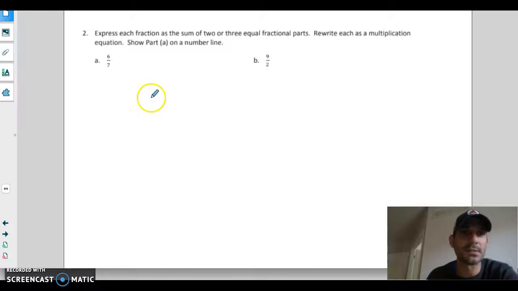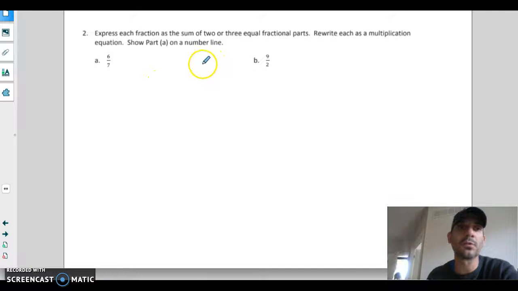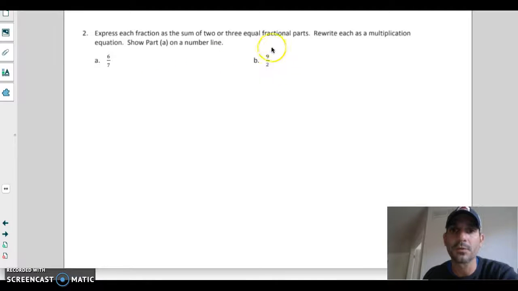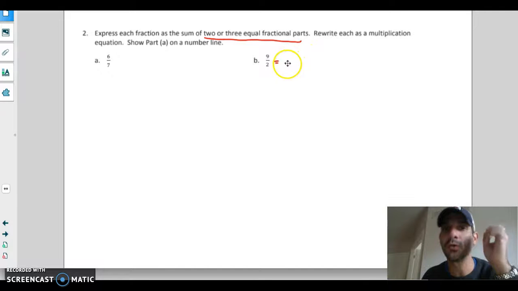Now this next one says, rewrite each fraction as the sum of 2 or 3 equal fractional parts. Then rewrite each as a multiplication equation. So I'm going to take this 9 halves. I'm going to say 2 or 3. Well, something plus something is not going to give me 9 that are equal, but I can do 3.